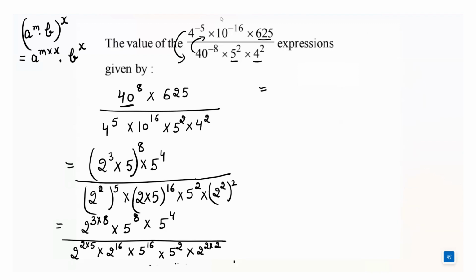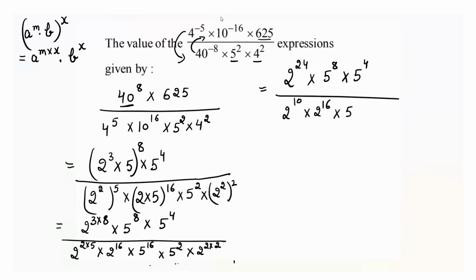So it would be equal to 2 raised to power 24 into 5 raised to power 8 into 5 raised to power 4 over 2 raised to power 10 into 2 raised to power 16 into 5 raised to power 16 into 5 raised to power 2 into 2 raised to power 4. Now we have to use another rule which says a raised to power m into a raised to power n is equal to a raised to power m plus n.